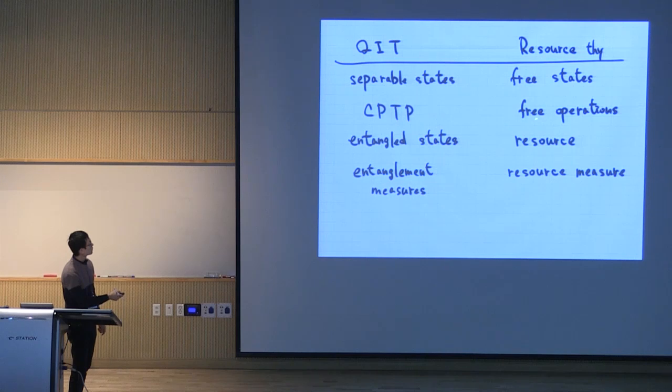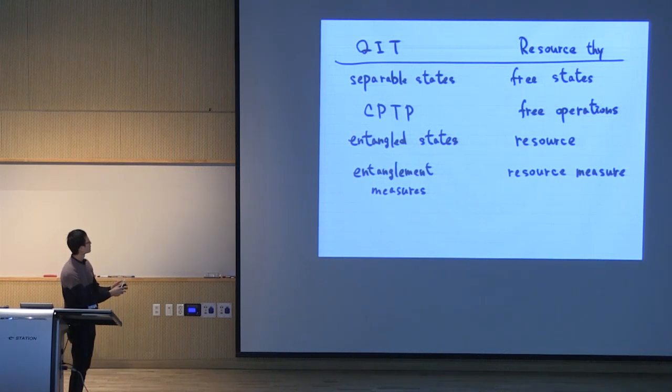You can also define the measure of resource, the value of resource, using a resource measure. There is a one-to-one correspondence between the objects in quantum information theory and resource theory, so you can interpret what we have done in terms of resource theory. Basically, the separable states are kind of free, because if you are given two states or systems, you can freely make a tensor product of them.